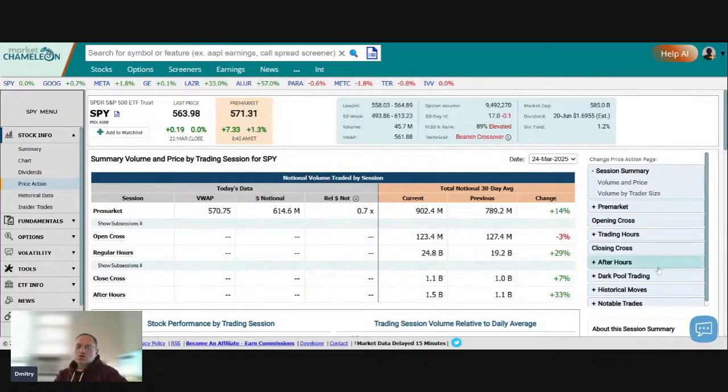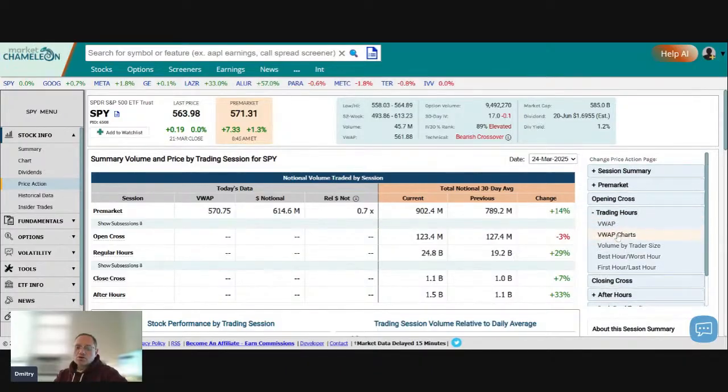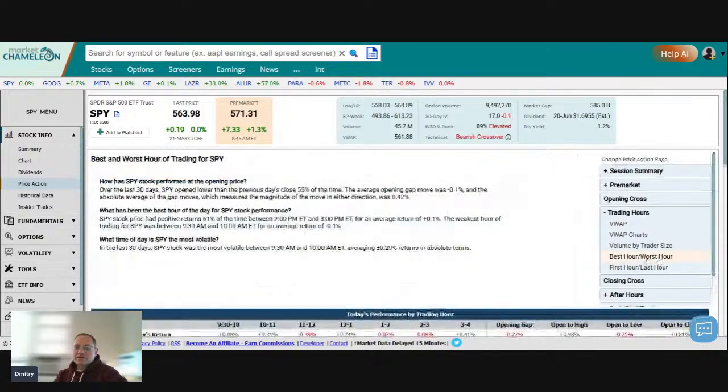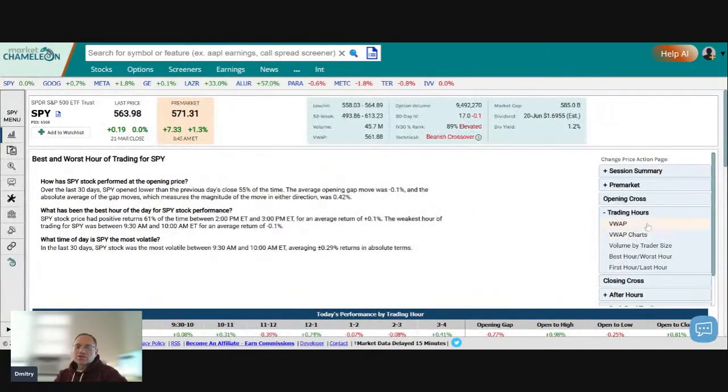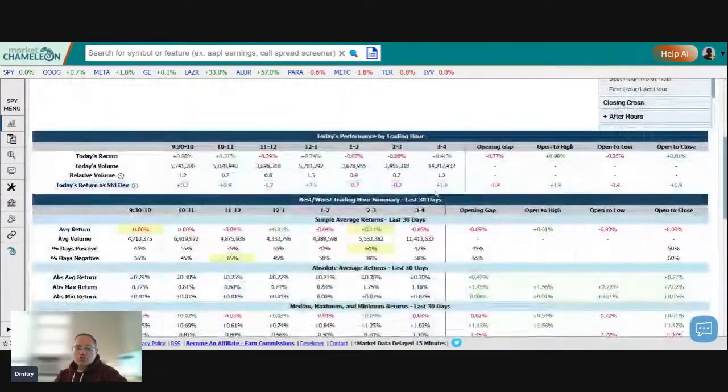And then you have this other menu to the right under trading hours. You have all these selections. We're going to look at best hour, worst hour, kind of, but you'll see what I mean here. Let me close this menu to the left. So once you click on that, best hour, worst hour, you come to this table.